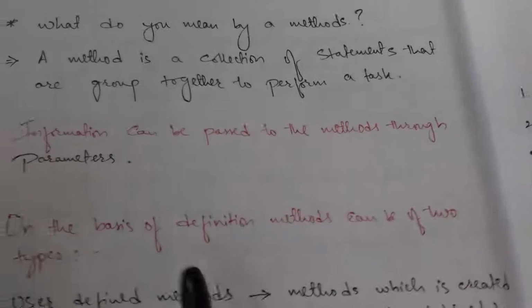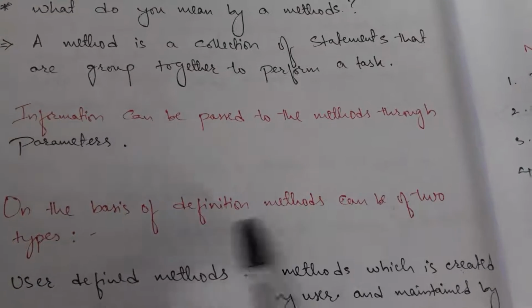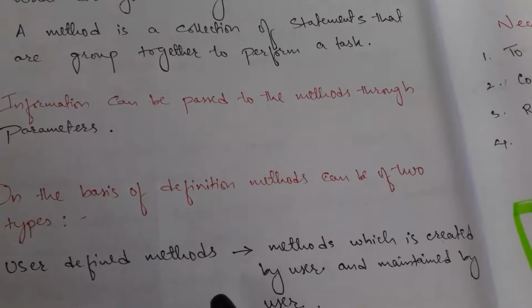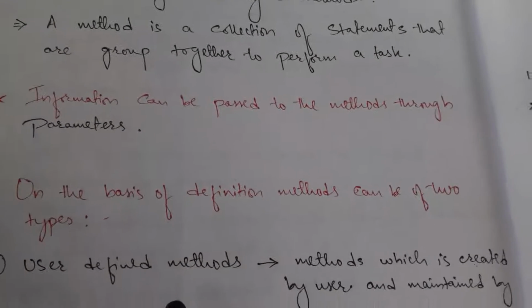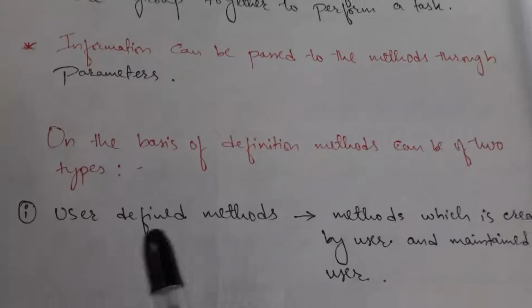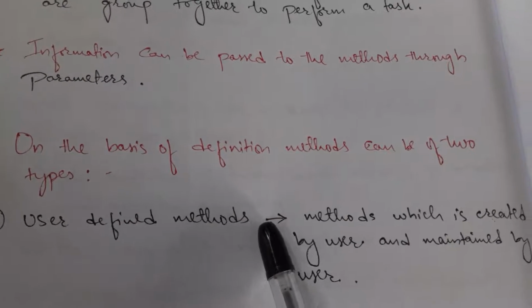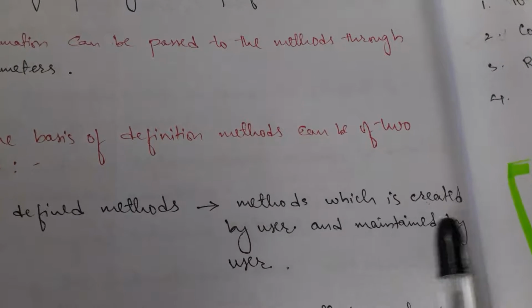Now, on the basis of definition, methods can be of two types. On the basis of method definition, we can classify them into two different types. Number one, user defined methods. These are methods created by the user and maintained by the user.